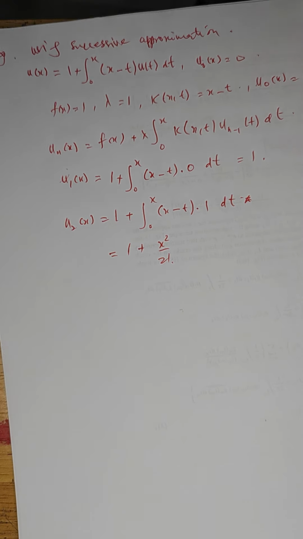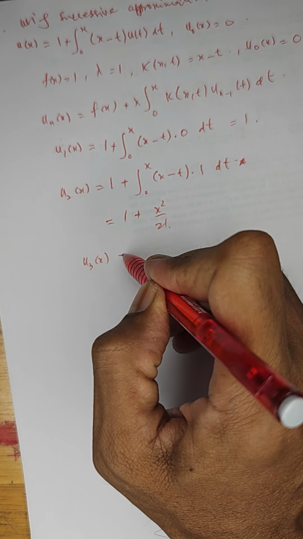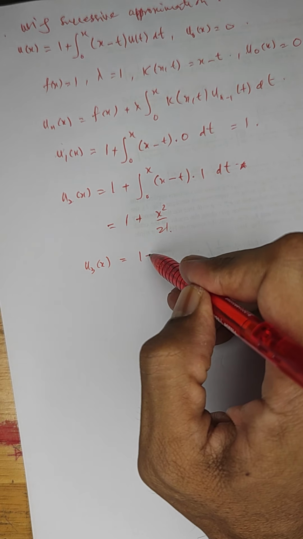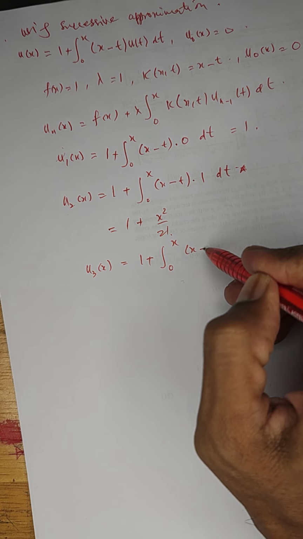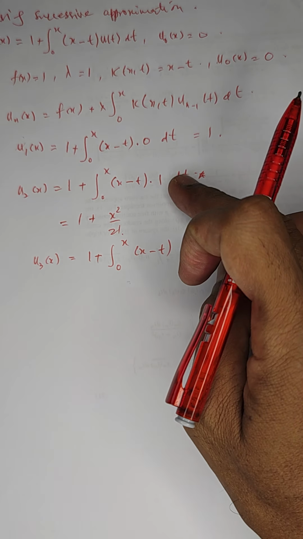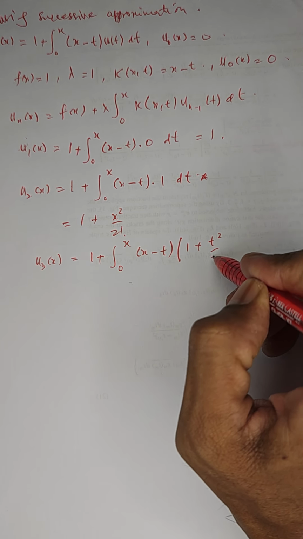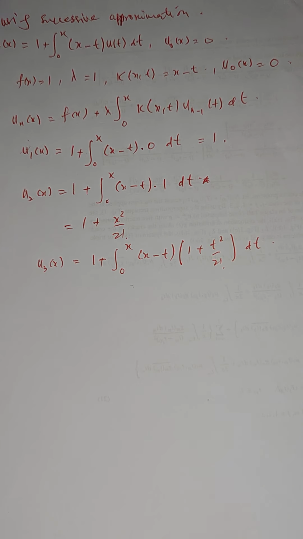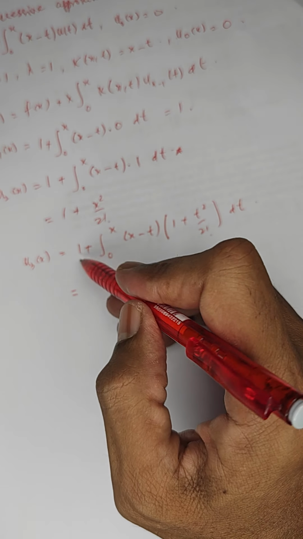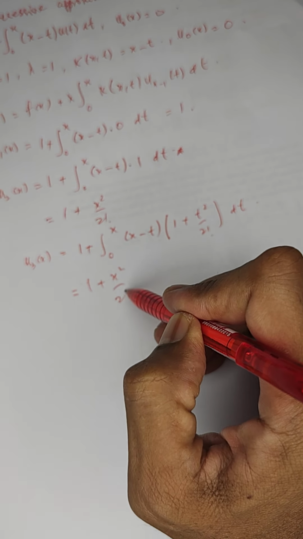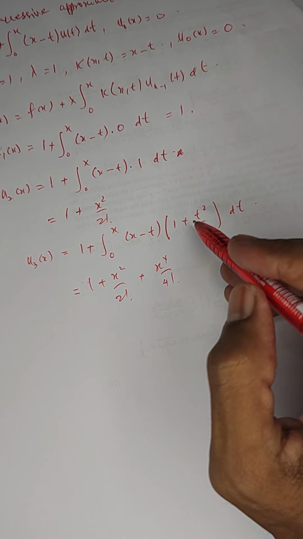And as well, if you do it for u3, you will get 1 plus the integral from 0 to x of (x minus t) times u2(t), so we have 1 plus t squared over 2 factorial, dt. And if you do this, we have 1 plus x squared over 2 factorial plus x^4 over 4 factorial, and so on.